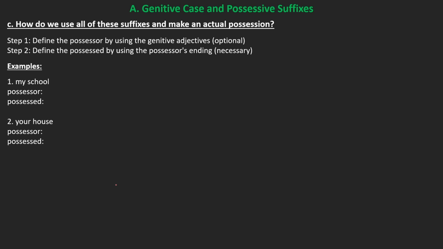By possessor's endings, I mean if the possessor is like my, you need to use the same suffix that goes with my, like in this table. And let's do it. My school. Maybe, wait, I can bring the table, so I can do it here. It's better if you see it yourself.